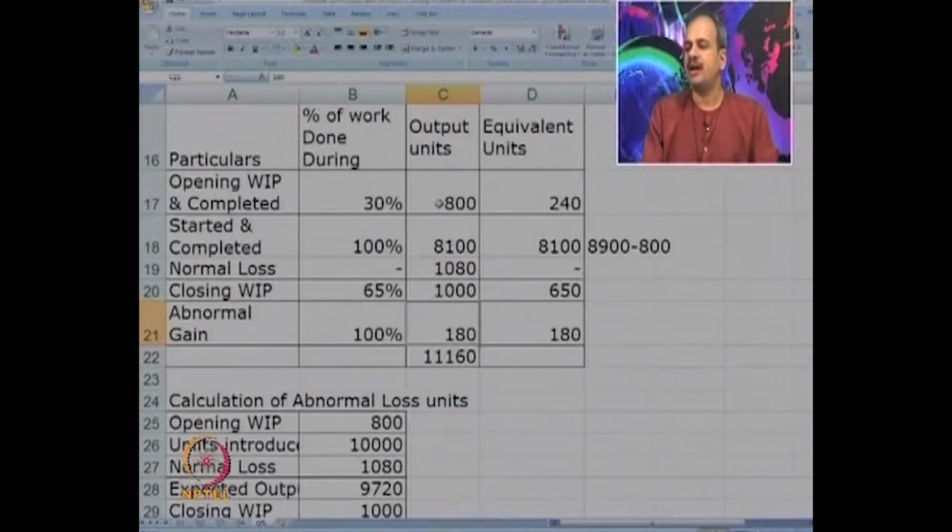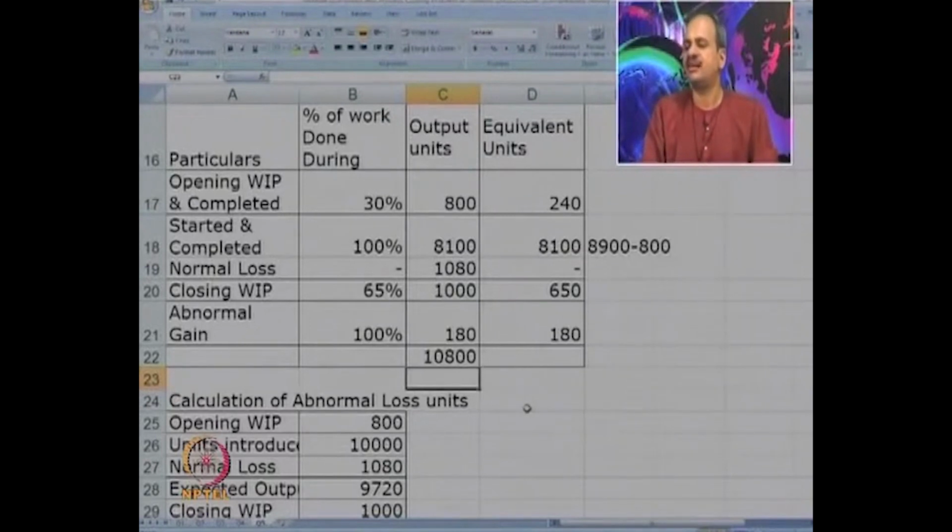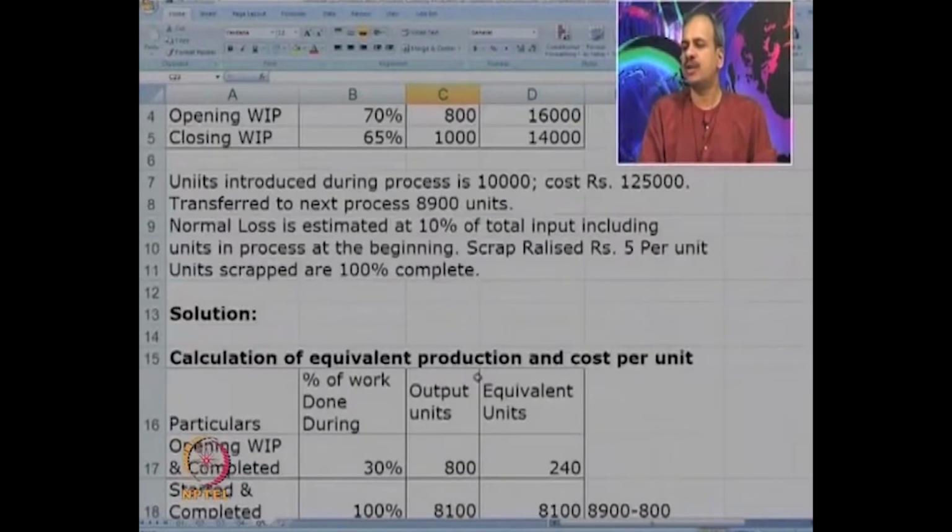So 800 units opening plus 8100 completed minus a loss of 1800 minus 1000 minus abnormal gain, you will get an output of, here I will make a small change because there is an abnormal gain now, there is no abnormal loss. So total output minus 180, that is 10,800 is the total which I get.